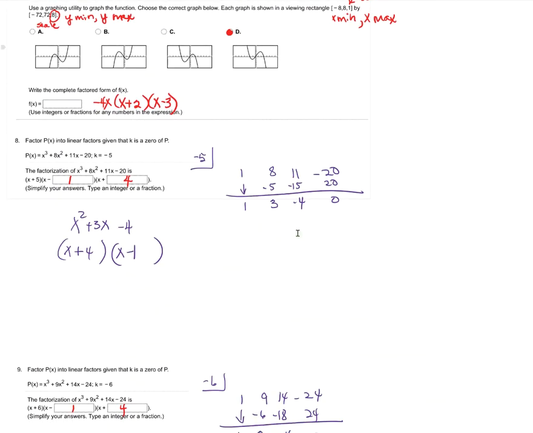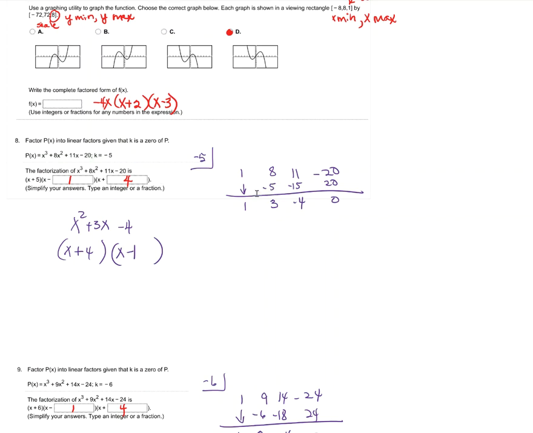Number 8, factor p of x into linear factors given that k is a 0 of p. So your k is negative 5. Now we don't have to change the sign on that because that's not in an x minus 4 or x plus 2 form. They're saying your k value is this. So that goes in your backwards L. Then we have 1, 8, 11, negative 20.